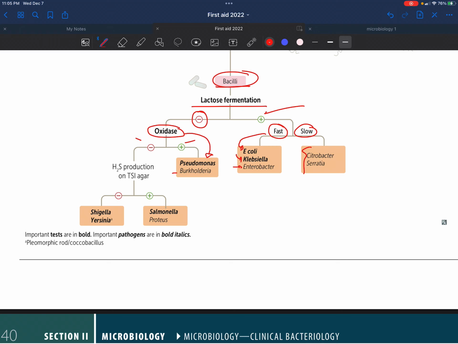And then if it does not contain the oxidase enzyme, we're going to check its ability to produce H2S on the TSI agar, and it could be positive, which means it will produce H2S. Then it could be Salmonella or Proteus. While if it's negative, which means it does not produce H2S, then it could be Shigella or Yersinia.